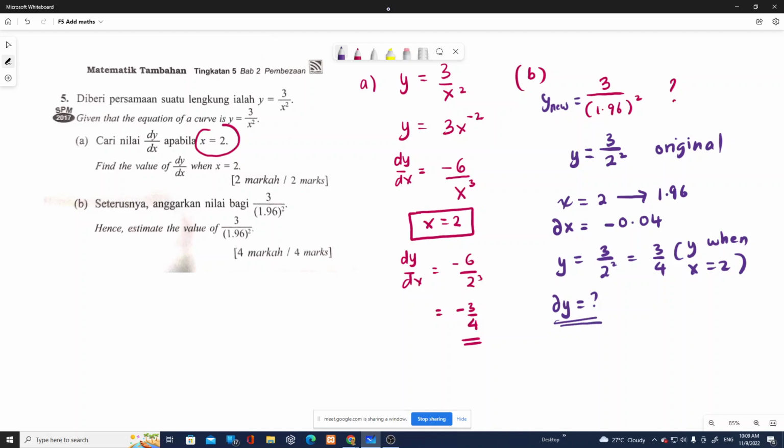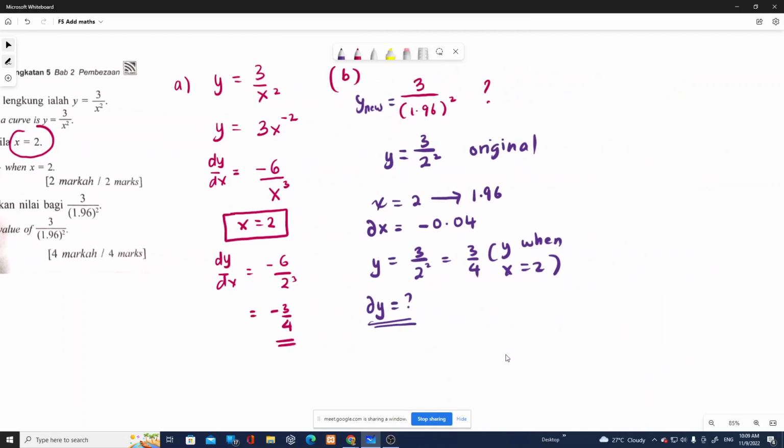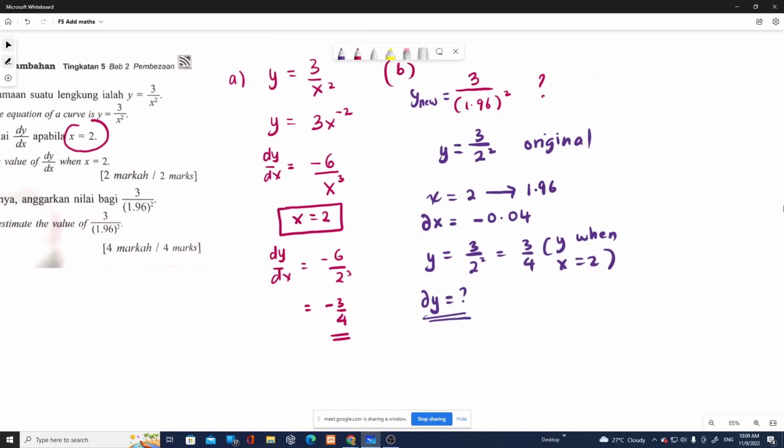Understand so far? Okay. For this section on approximation, delta y over delta x is equal to dy over dx. In order to answer this section, you need to know this. It's important.